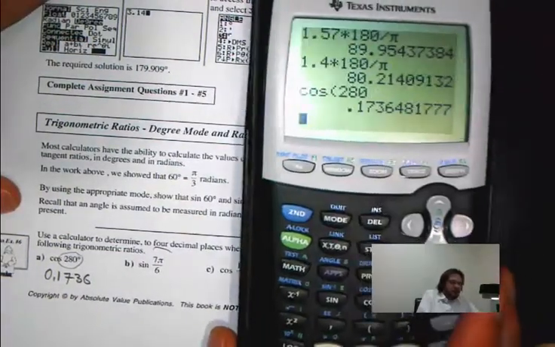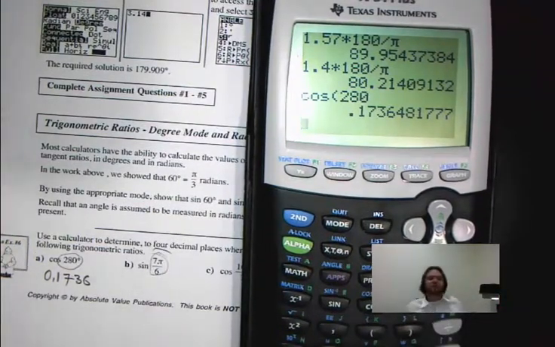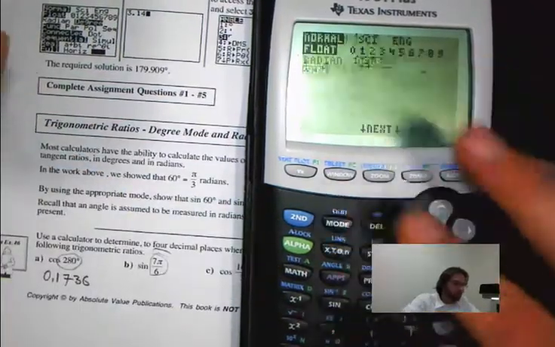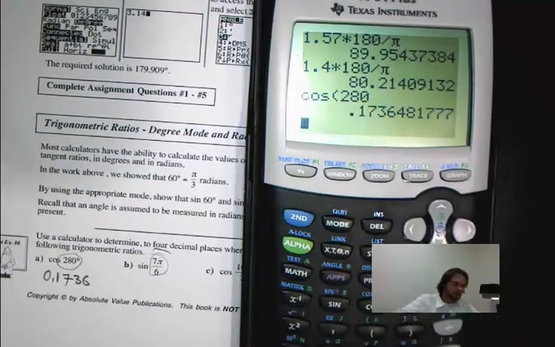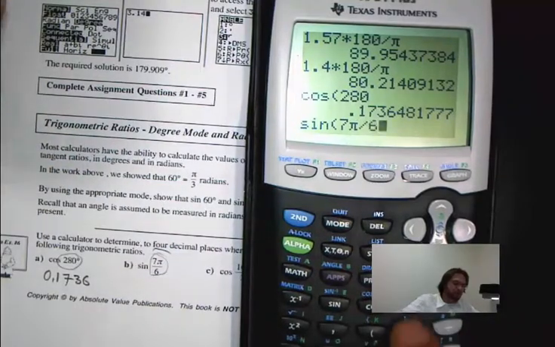Next one is sine pi over 6. Pi over 6. We know there's a pi in there. That means it's most likely in radians. So I'm going to have to go to my mode, switch it to radians, and I want sine 7 pi divided by 6.